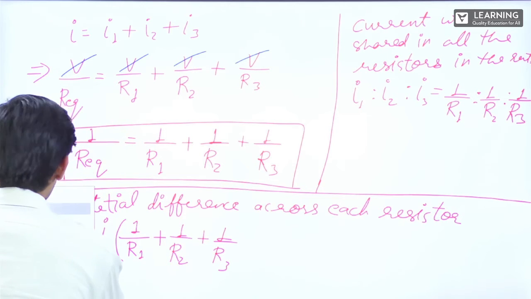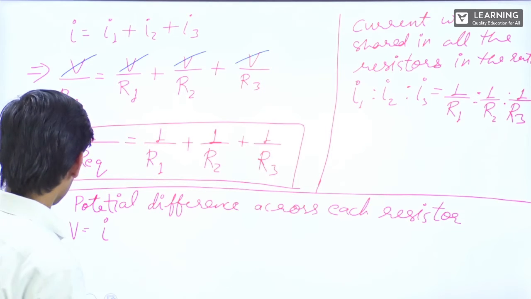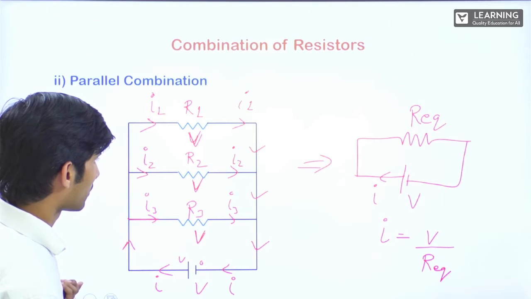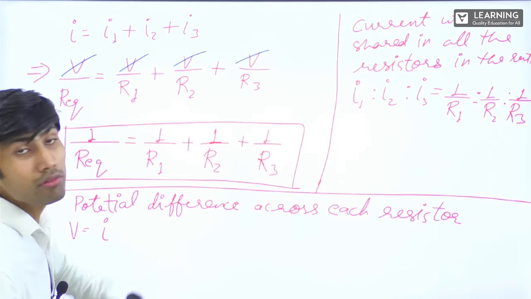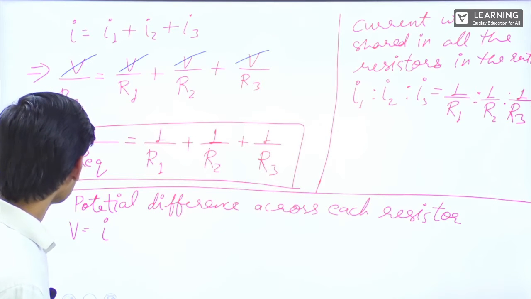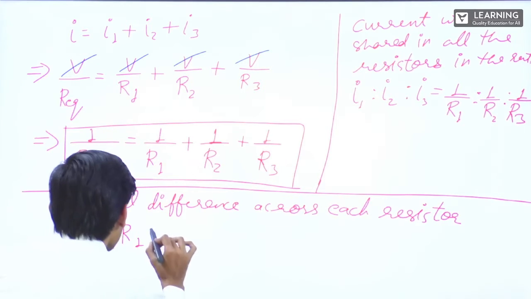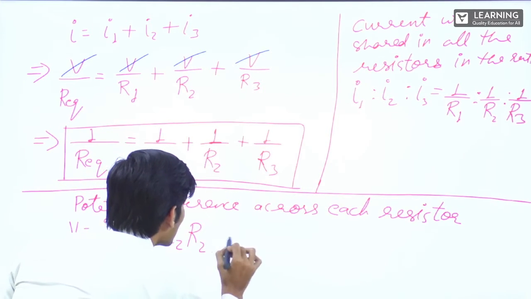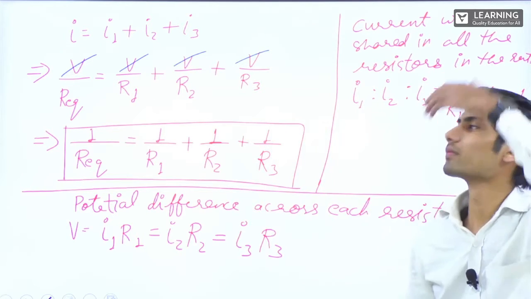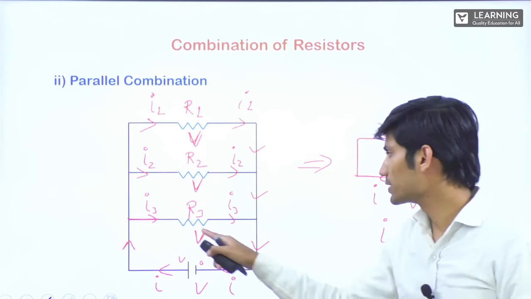Wait. I into R equivalent. R equivalent is 1 upon R1, 1 upon R2, 1 upon R3, correct? Or we can write V is equal to I1 R1. Yes or no? That is equal to I2 R2, that is equal to I3 R3. From here, V is equal to I1 R1, V is equal to I2 R2, V is equal to I3 R3.